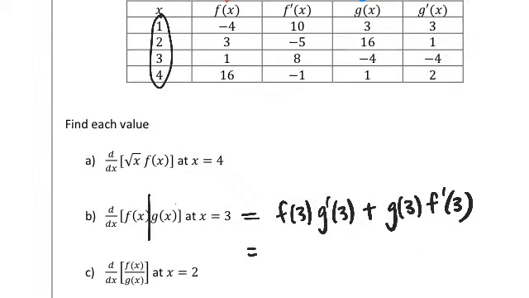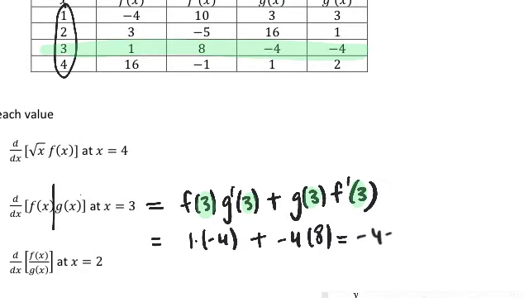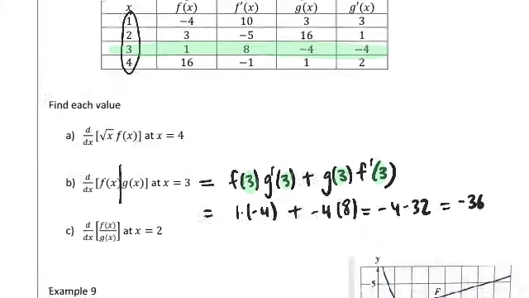Then you go into the table and say 3 is our green row here. You just want to carefully find the numbers. f of 3, g prime of 3, so it's times -4 plus g of 3, f prime of 3, which is 8. So we get -4 minus 32 or -36 as our answer, okay?